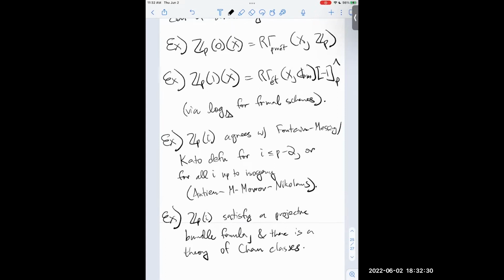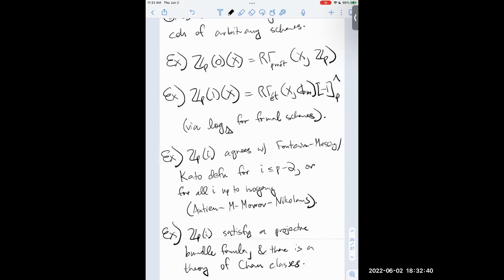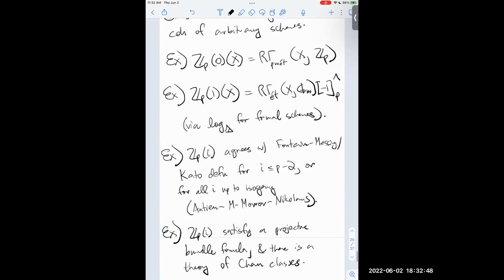The idea is that the ith Chern class is going to live in H2I of ZP of I. And everything gets built up from the case of weight 1 using the prismatic logarithm.